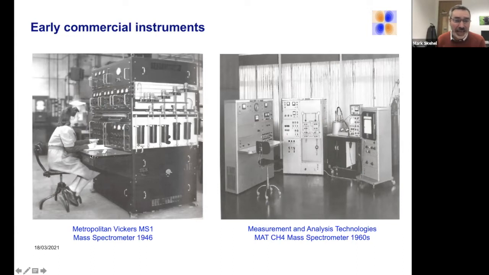This is a lady called Anne Metrick, a mathematician at Metropolitan Vickers, and she's operating this instrument. What she's doing is measuring the isotope ratios in uranium hexafluoride. In the side here, there are the samples, and I think she must have been a pretty smart cookie to be allowed loose on this particular instrument.